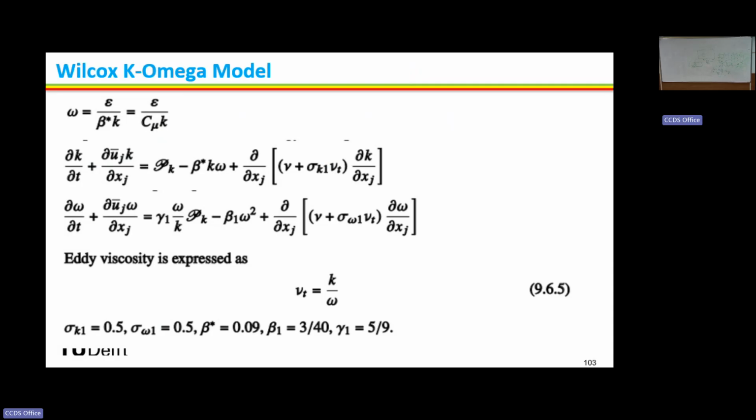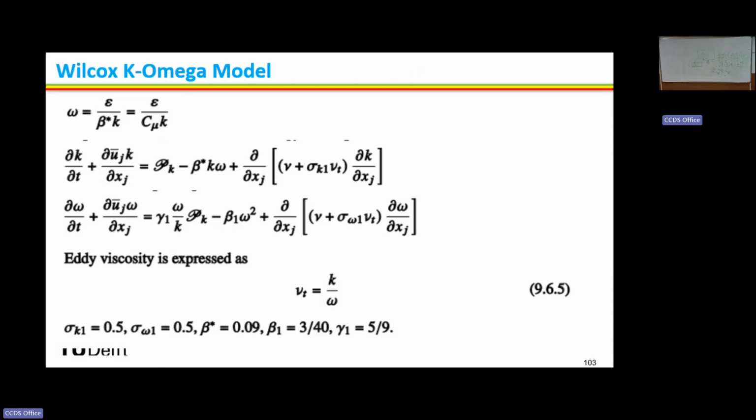In 1940s, contemporary to Prandtl's work, he proposed something about omega from statistical analysis, but in a computable form, he did not prescribe the two equation, right? It was originally the Wilcox, okay? There is a book called Turbulence Modeling for CFD by David Wilcox, he prescribed this K omega model in the 80s.